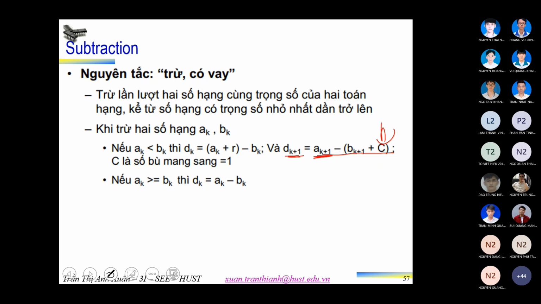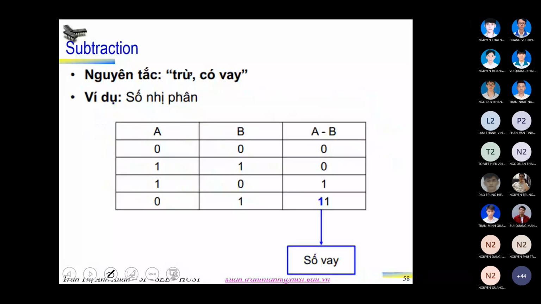Then if A k is greater, the difference we can do as follows. With the subtraction of 2 bits, each with a length of 1 bit, A and B, we have 4 situations. The first is 0 0, the second is 1 1, next is 1 0, and finally is 0 1.